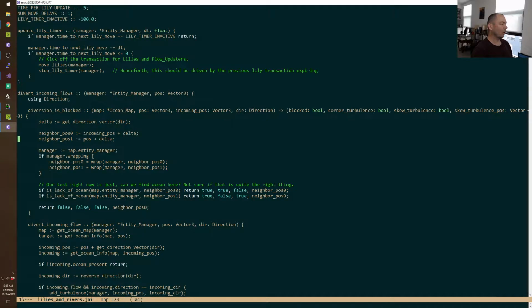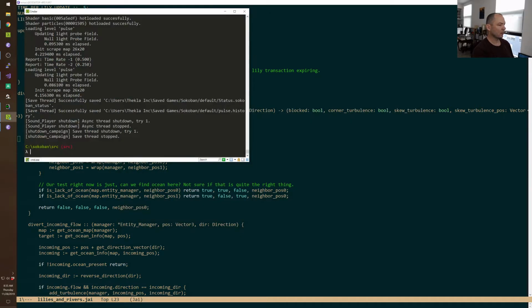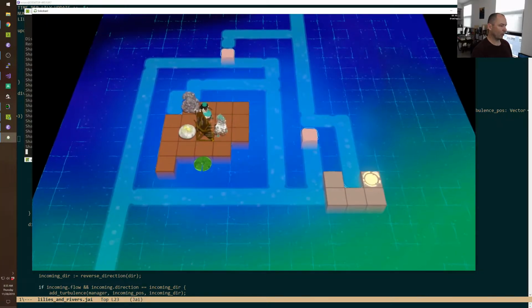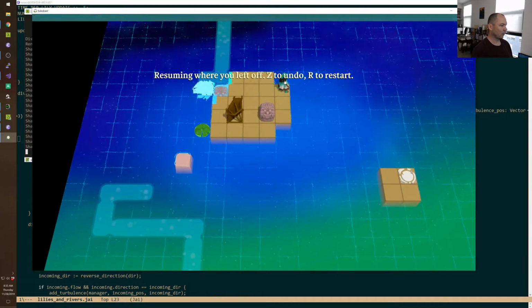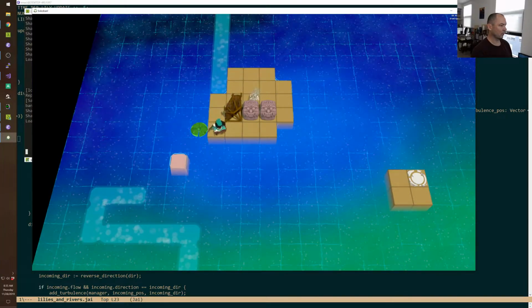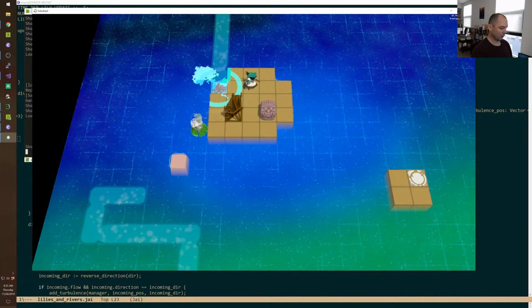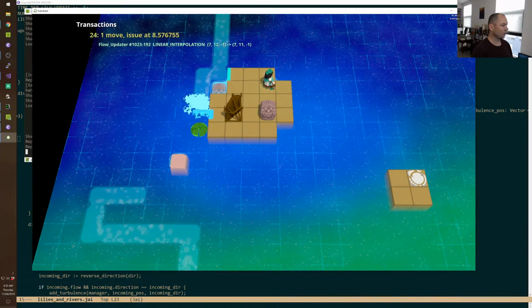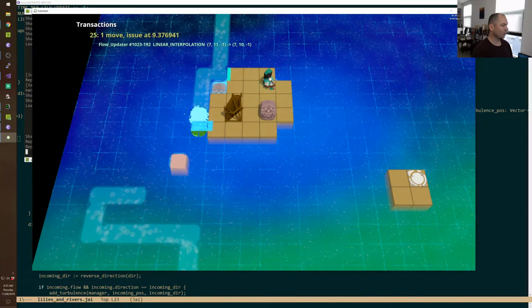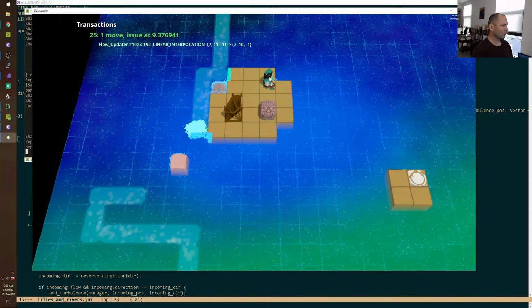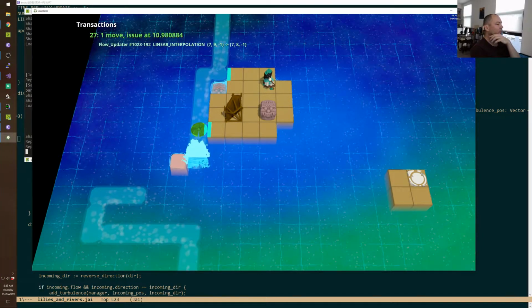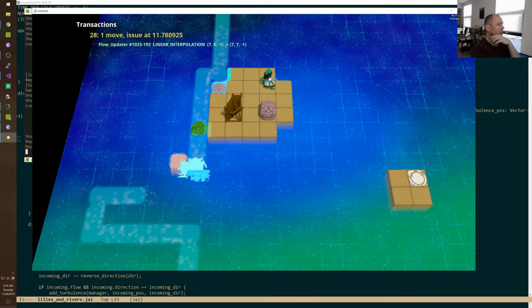It could have to do with this lily timer thing, but I doubt it. It's probably just some old if statement. All right. Yeah, it's just not in the transaction at all, which is what I would expect if it's not doing anything.